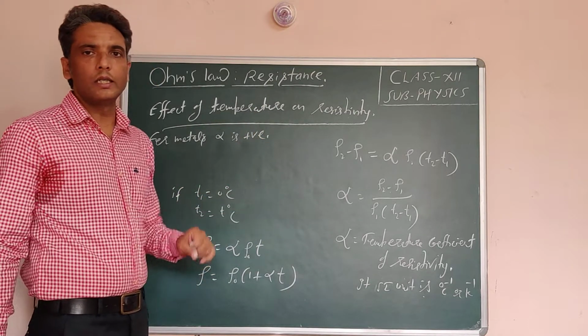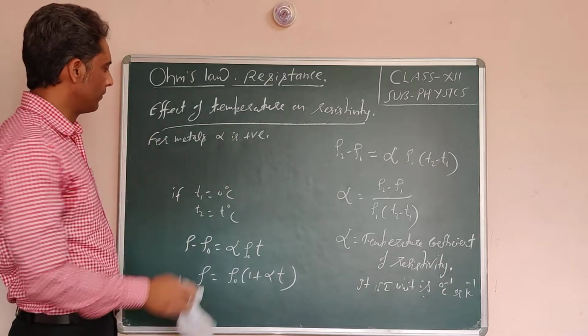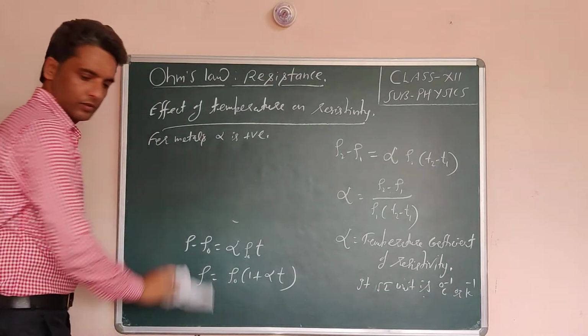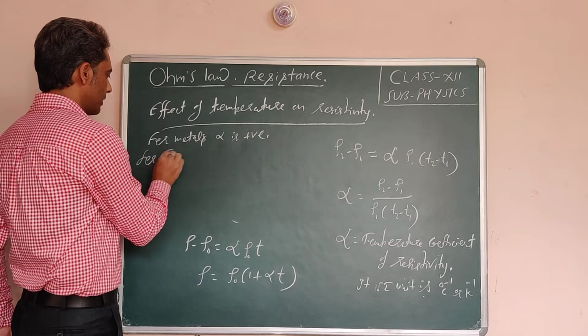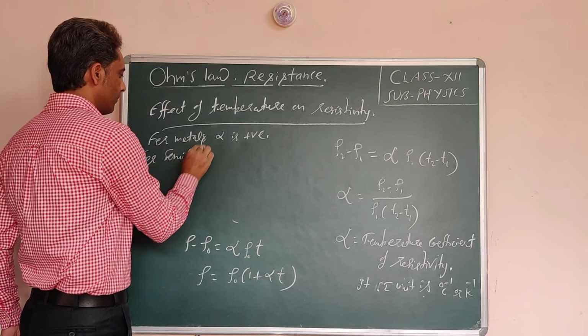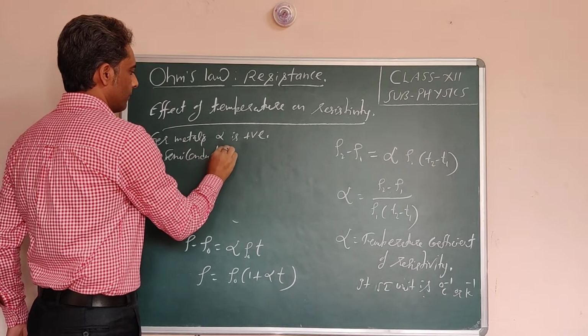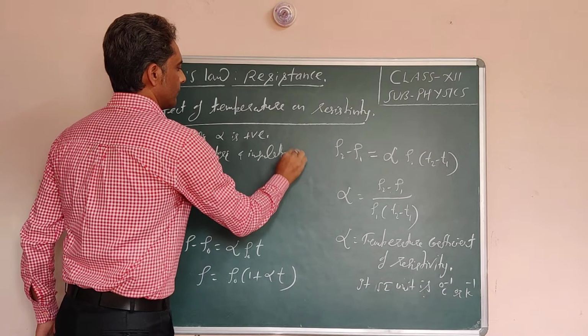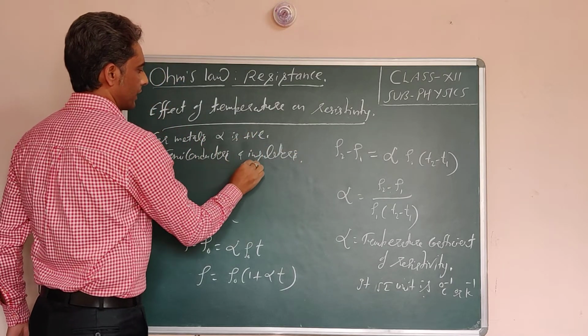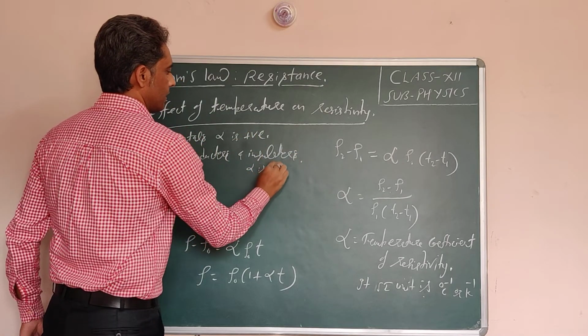For semiconductors and insulators, the value of alpha is negative.